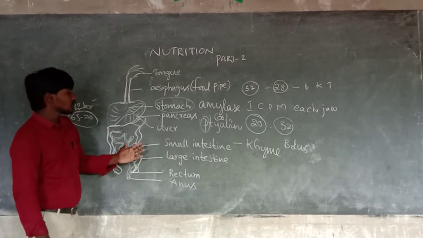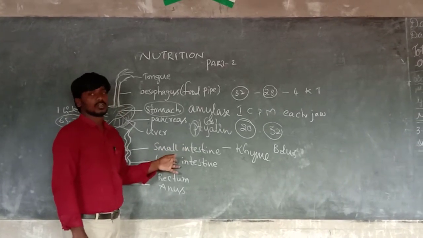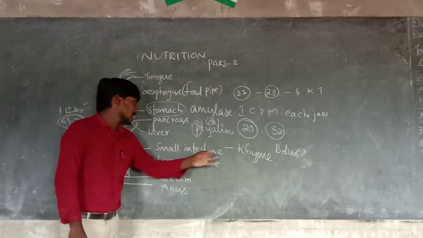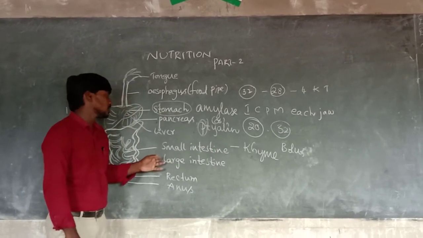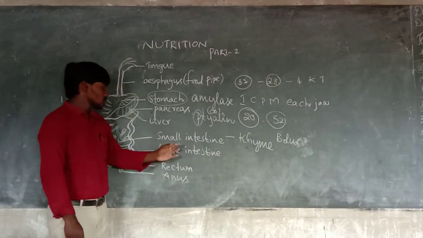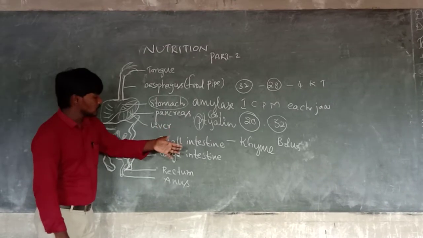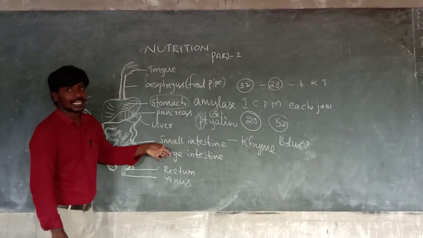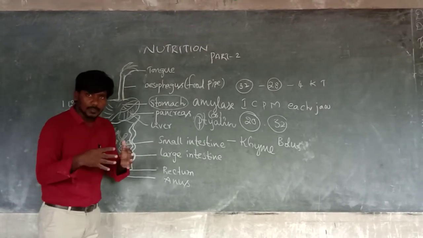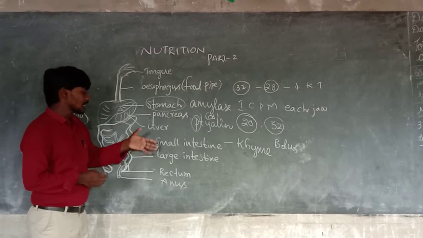Okay, after the small intestine completes its work, the food enters the large intestine. The end part of the small intestine and the first part of the large intestine is called the duodenum. When it enters the large intestine, the water is completely absorbed, and the remaining part enters the rectum.